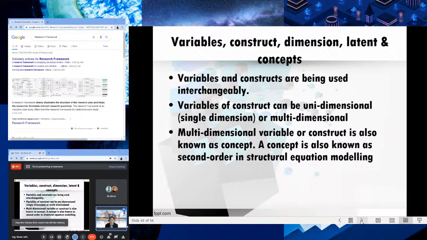A multi-dimensional variable or construct is also known as a concept, because when you have a lot of variables and a lot of theories, and you are looking into several dimensions or perspectives to construct your framework, that becomes the concept. Sometimes the concept is also known as second order in structural equation modeling.